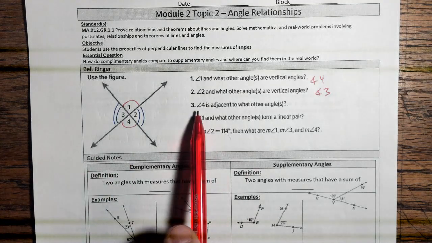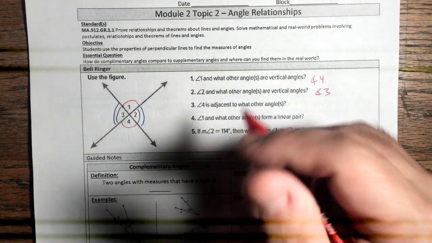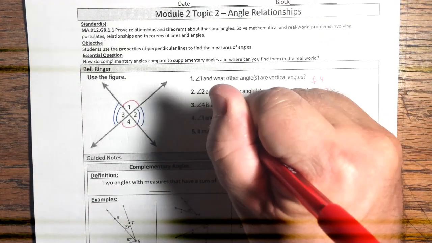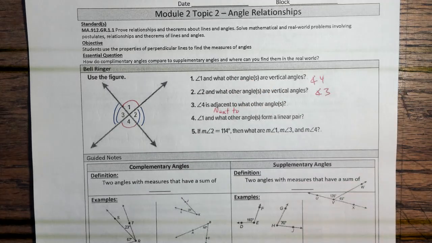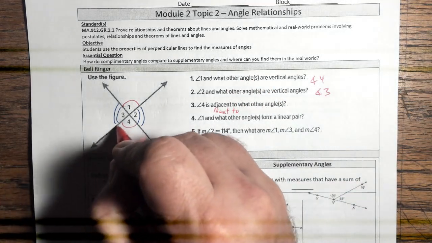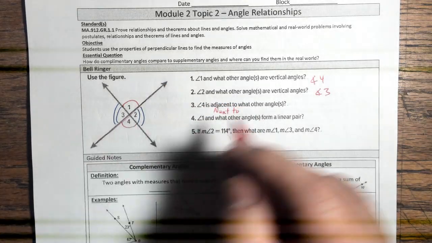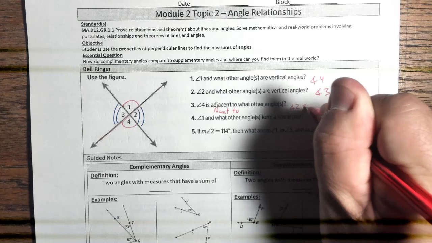Alright, number 3. Angle 4 is adjacent to what other angles? Remember yesterday, in the previous lesson, adjacent means next to. So what's next to 4? Well, if we follow this line here, we'll see that 2 and 4 are adjacent. Angle 2, angle 4.